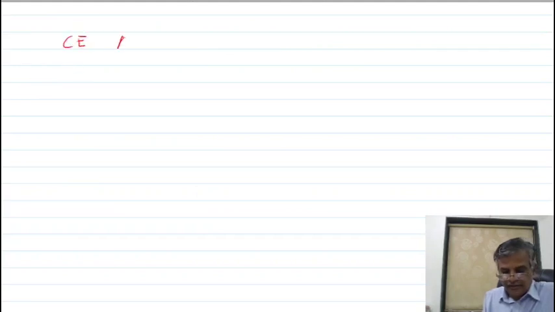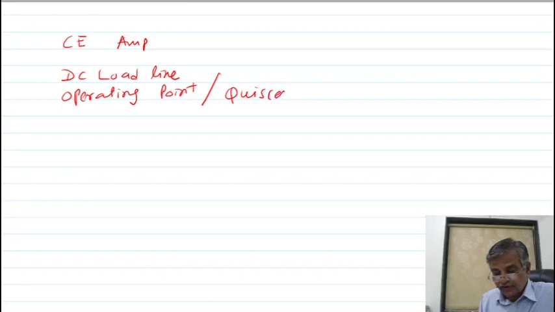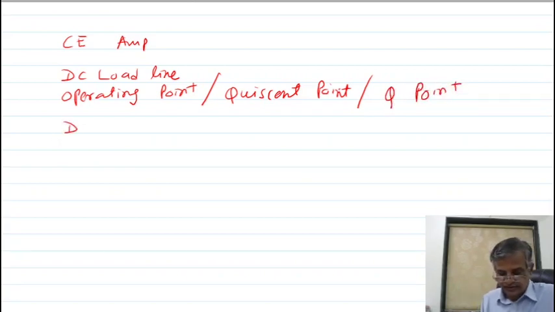In a common emitter amplifier topic, we have to discuss DC load line, its operating point, or it is called quiescent point, or sometimes we refer to it as a Q point. Then DC input resistance.